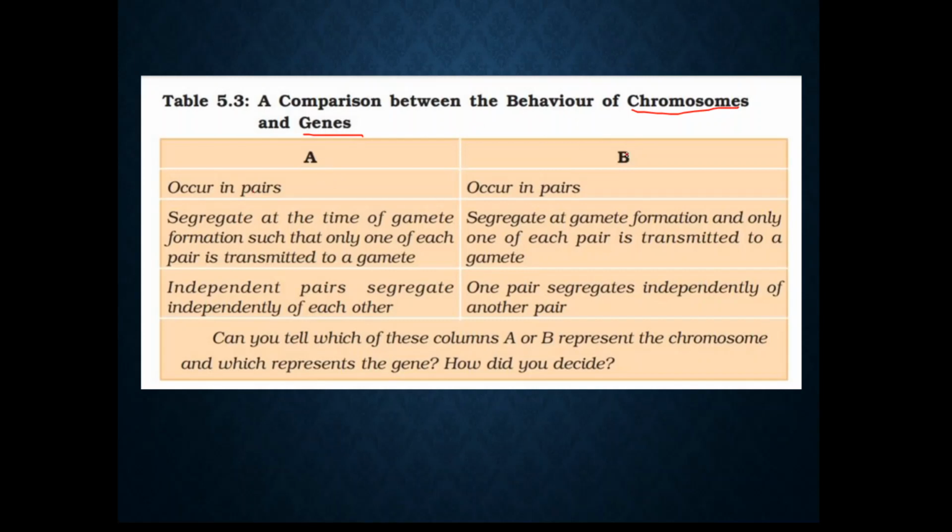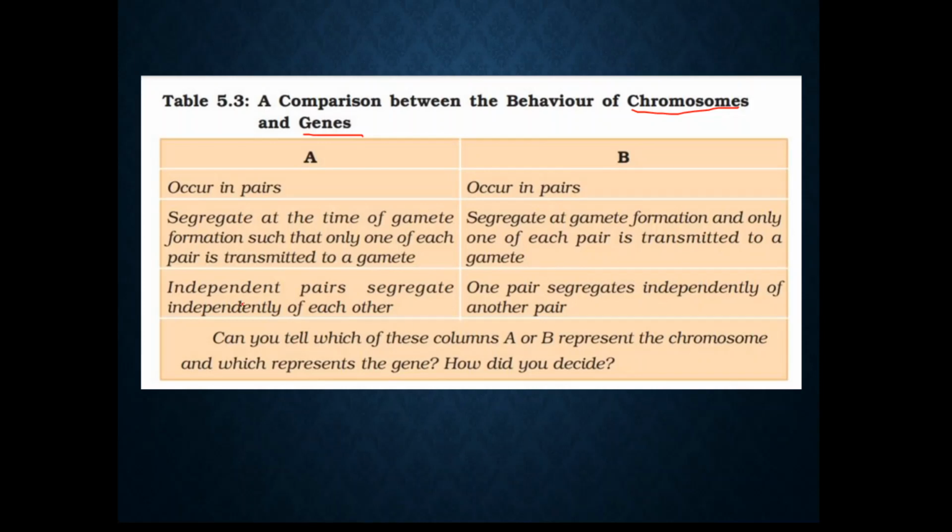So here A and B are not labeled; we have to identify which is gene and which is chromosome. A is occurring in pairs, B is also occurring in pairs. They segregate at the time of gamete formation such that only one of each pair is transmitted to a gamete. Same here, they segregate at gamete formation and only one of each pair is transmitted to a gamete.